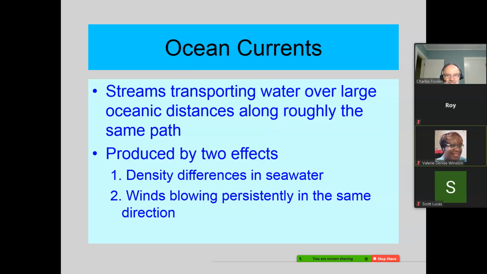Now the first one I can see in some ways: density differences in seawater. Most of the density differences are going to be a result of temperature differences, because any fluid, whether it's a liquid or a gas, when it heats up, the molecules tend to move a little further apart, and when it cools, they tend to get closer together.